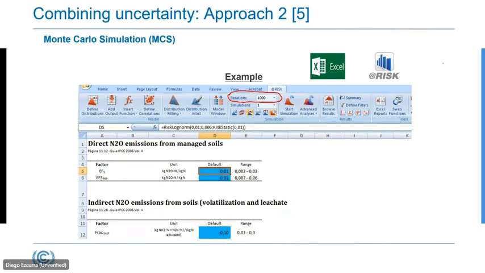Your computer may be running for several minutes or even hours, depending on how your model in Excel was built.